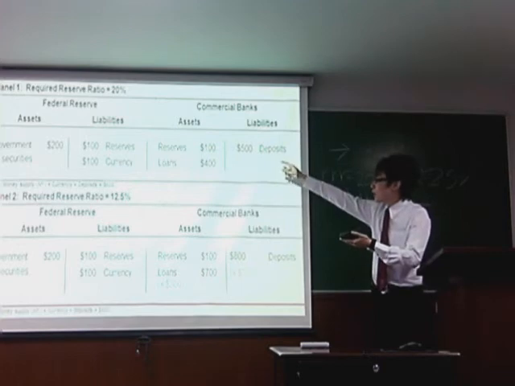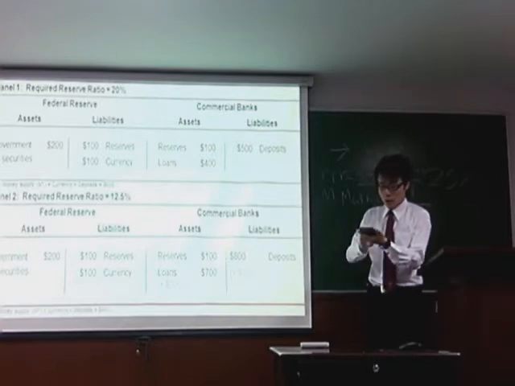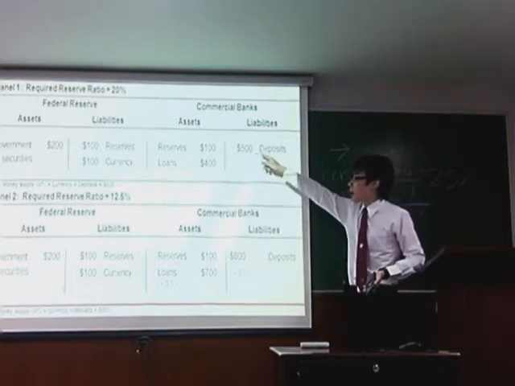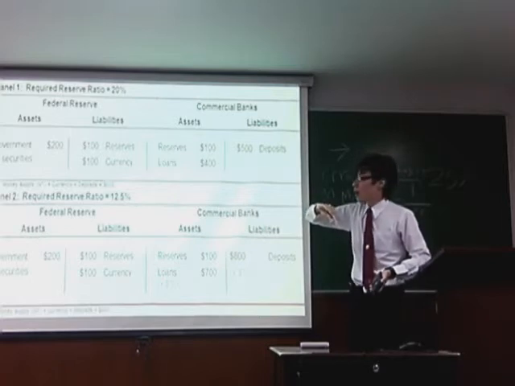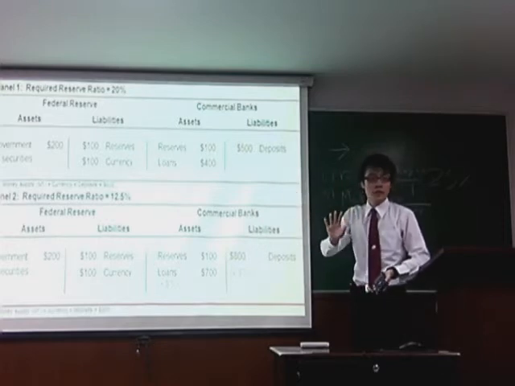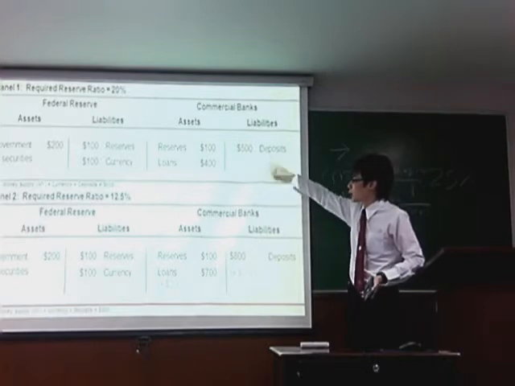So you have your reserves of 100 times the money multiplier, so 1 over 0.25 gives you 400. So your deposits actually went down by 100 once you kick up your required reserve ratio by 5%. Deposits actually go down, so you get $400 billion.